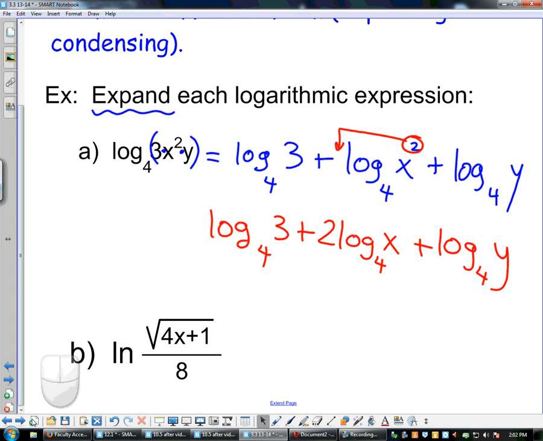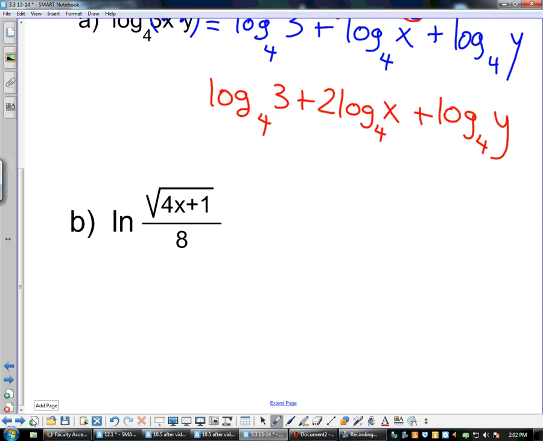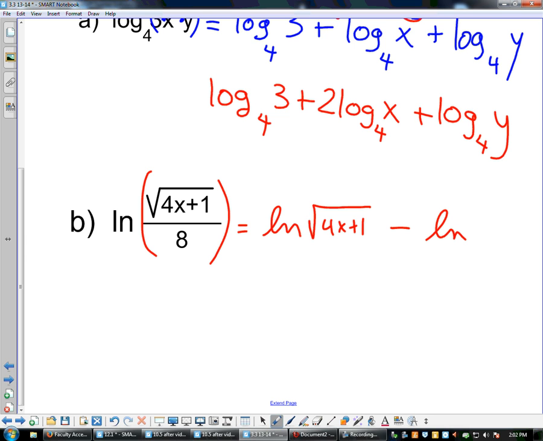All right, let's try this one. If we're going to expand this logarithm, this is a quotient, so we can use the quotient rule. So that says ln of the square root of 4x plus 1 minus ln of 8. And remember that if we have a square root radical, that's the same thing as raising our quantity 4x plus 1 to some rational exponent.